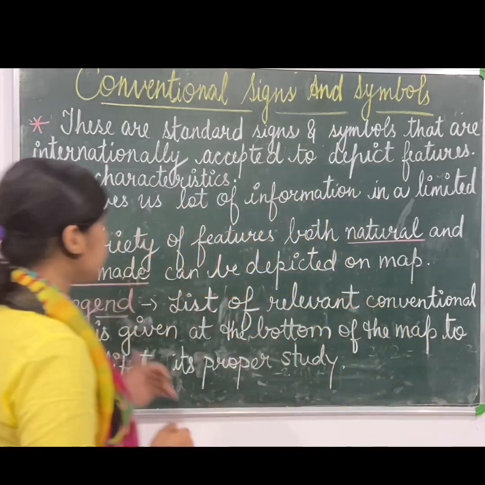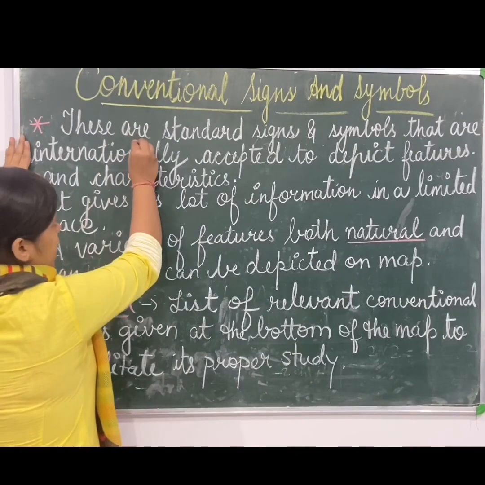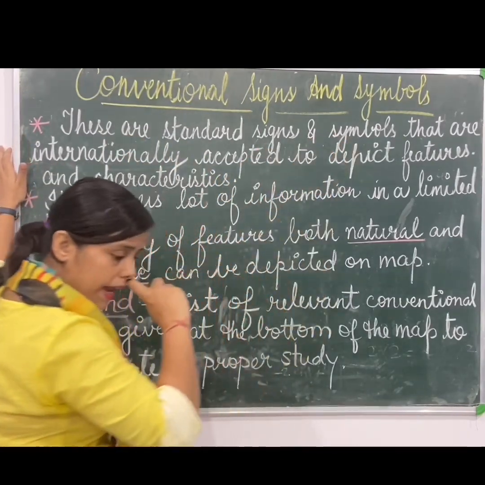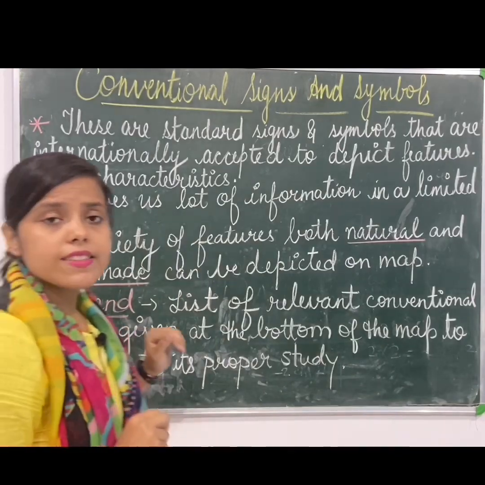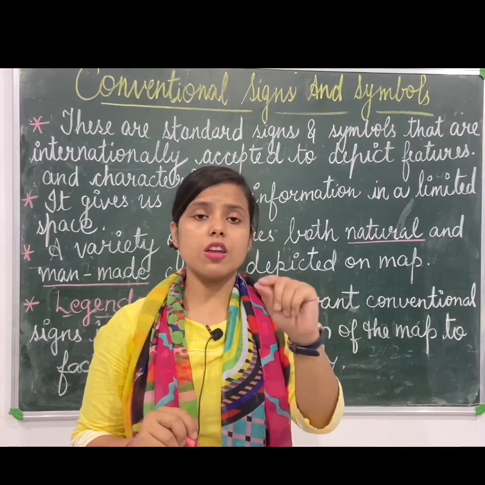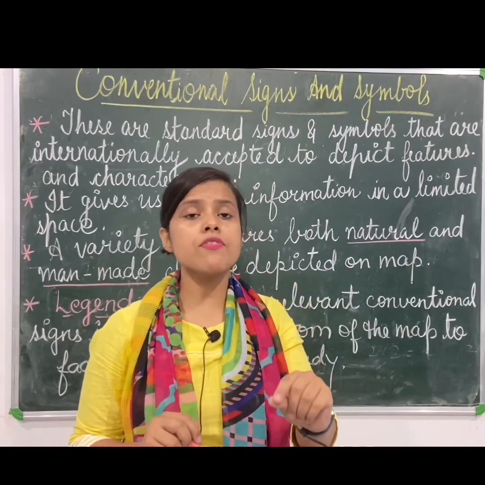So let us see what is the definition of conventional signs and symbols. These are standard signs and symbols. Why is the word standard written? Because it is accepted internationally by all. It will be the same for all types of maps.